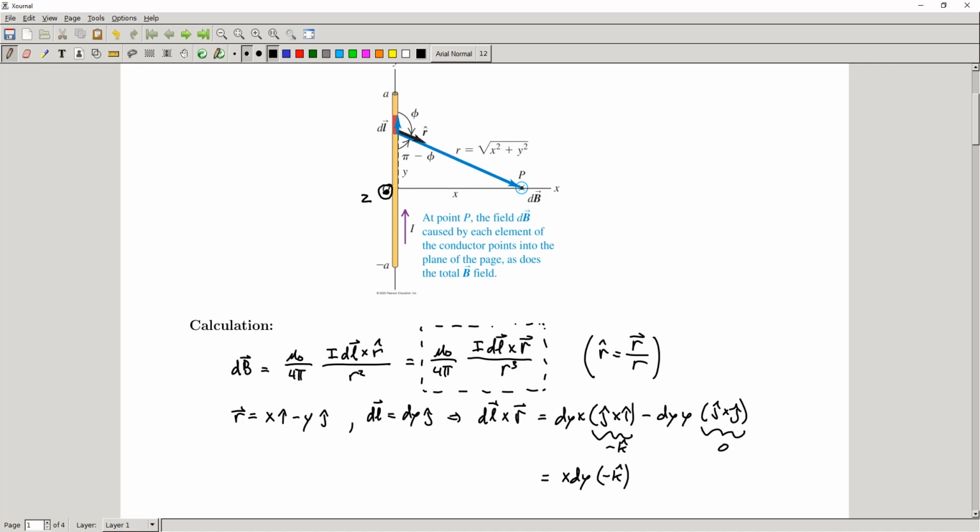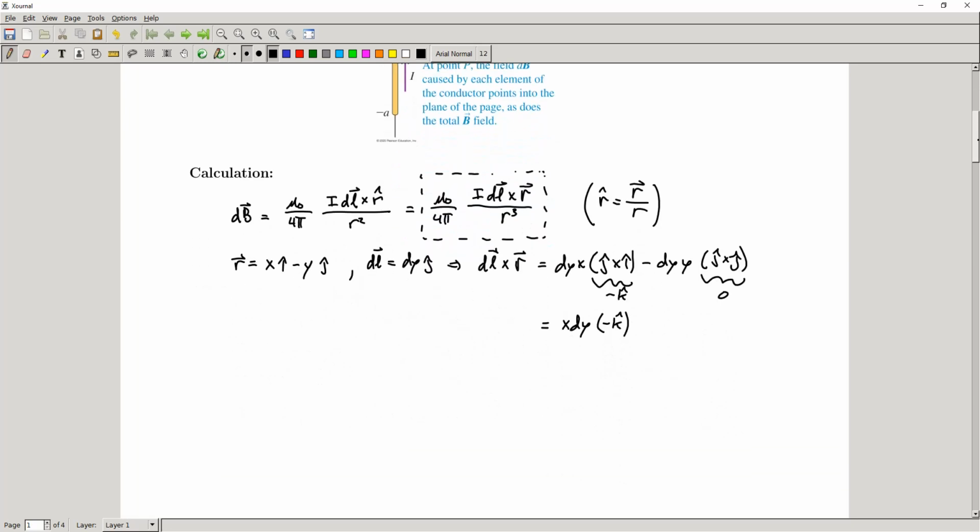Well, the square root of x squared plus y squared is going to give us the length of our third side, and that is r. Okay, so I'm just going to make a note here that r is equal to the square root of x squared plus y squared. And this means that since we want r cubed, r cubed is equal to x squared plus y squared all to the 3 over 2.